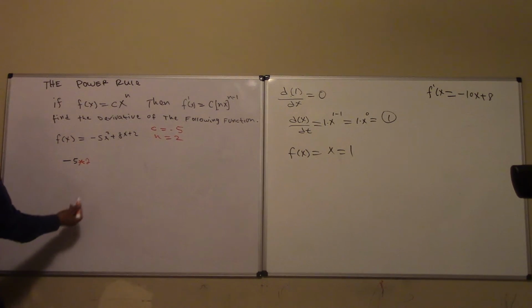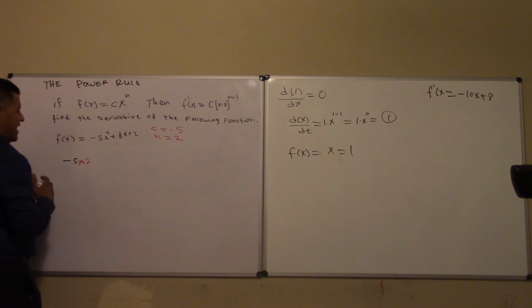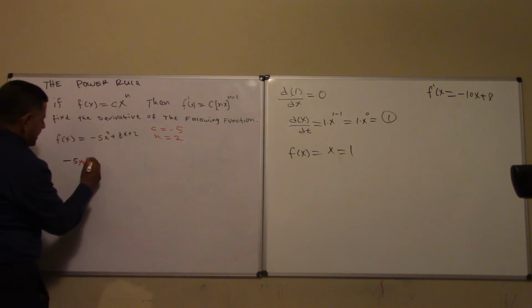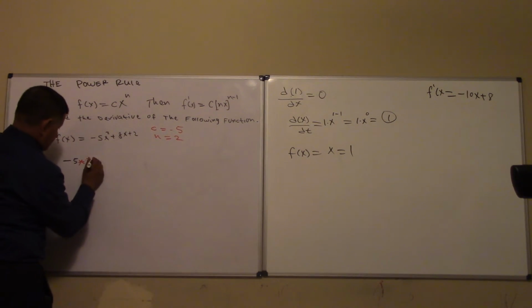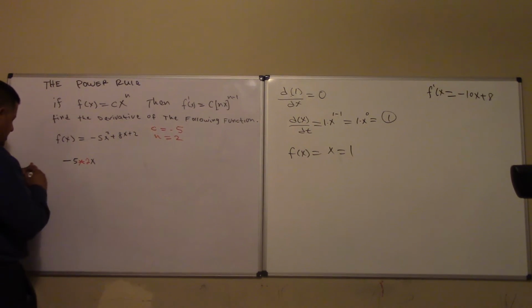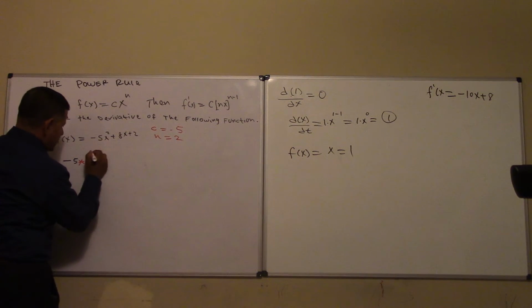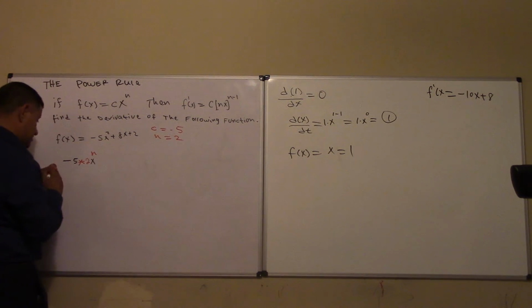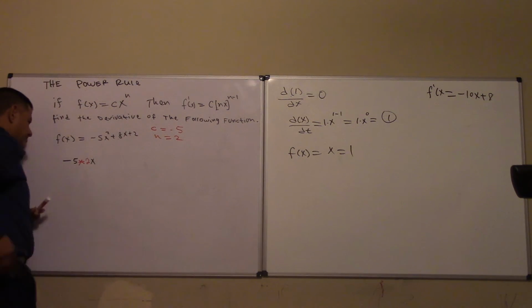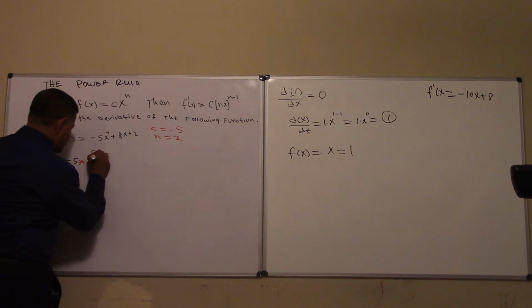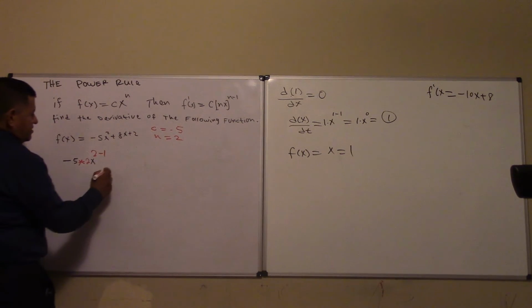After I bring that in front, I keep the x right there, and I do the power, which is n, and n is 2, minus 1. So I subtract 1 from this.